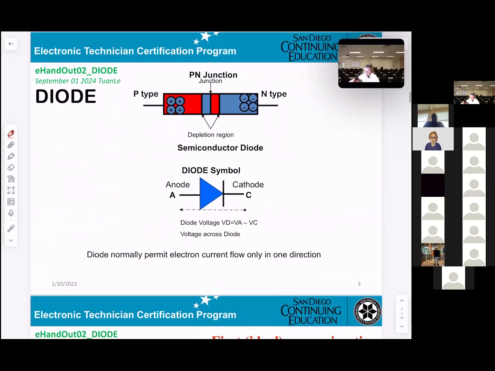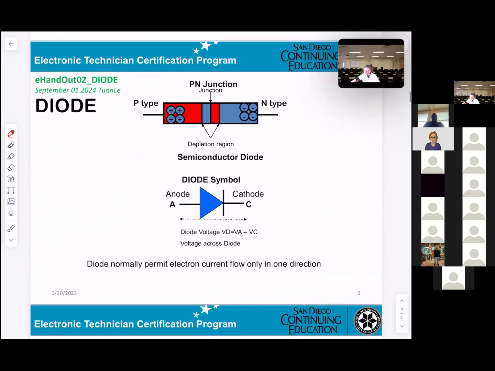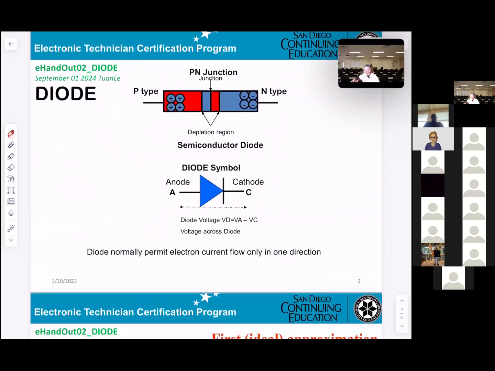Now, today we're talking about the diode. This is a diode. This side contains P-type, N-type. N-type has the electrons, P-type has the holes, and there's a junction here.